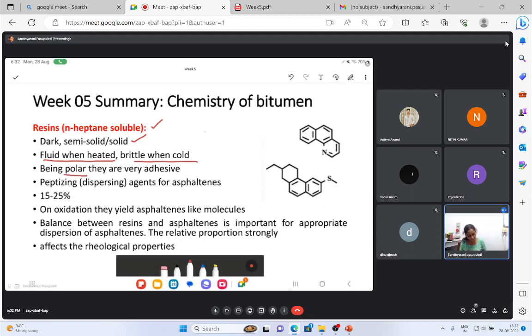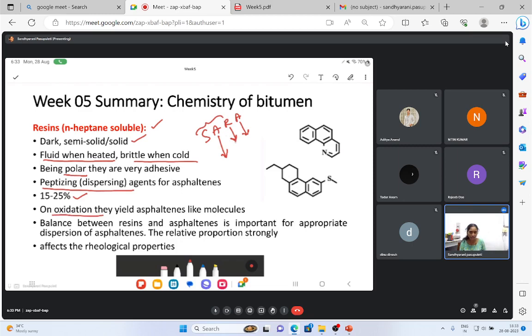As we have discussed in the SARA fractions, these resins have polarity, asphaltenes also have polarity, and these are the peptizing dispersing agents for asphaltenes. We know these three are the dispersing agents or peptizing agents, but out of these three, the aromatics are the major portion, because the amount of resins is 15 to 25% only. And another important thing is oxidation.